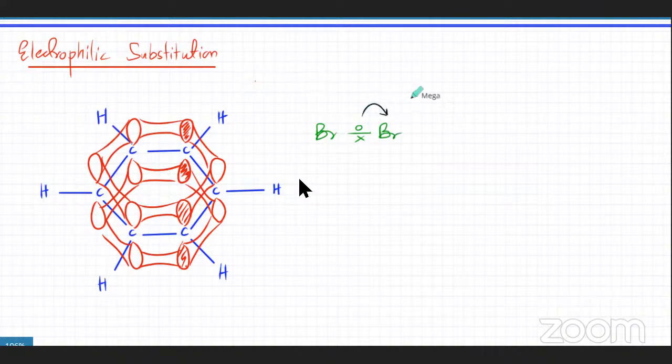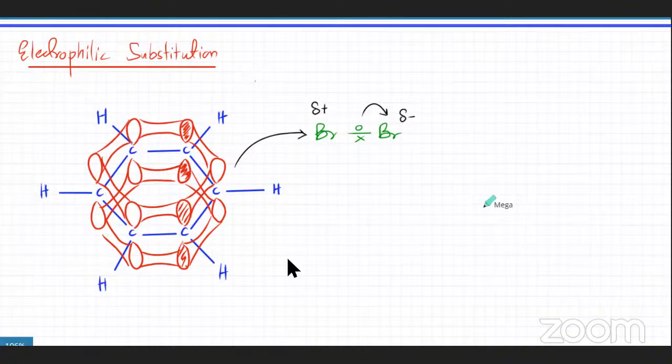They're going to be pushed away. This bromine would become negatively charged. This bromine would become slightly positive. And the positive bromine is going to be attracted even more to the electrons in benzene, at least one of the p orbitals, right? Is this clear?